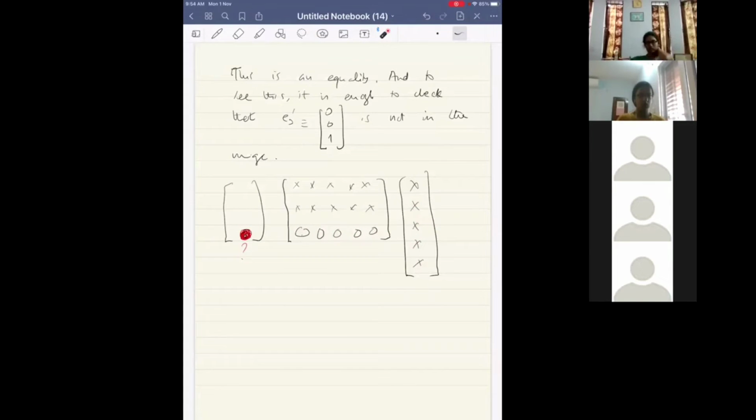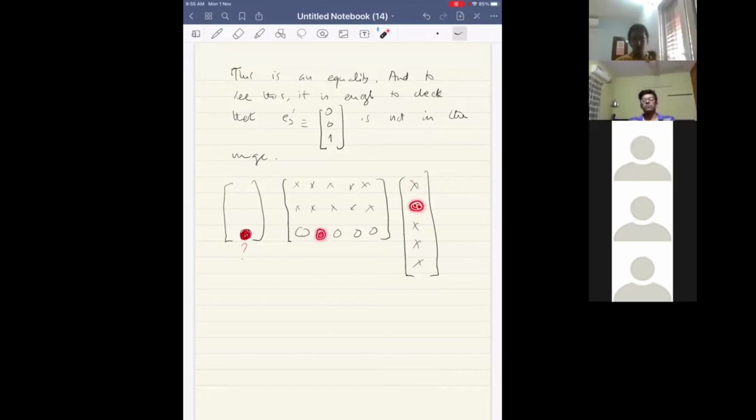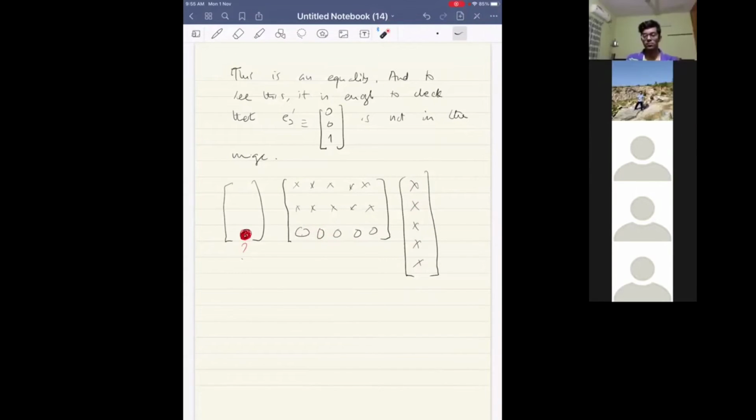That is how matrix multiplication works. When I multiply whatever this is by 0, I get 0. So all these guys are 0, and when I add them up, I'm always going to get 0 in the last position.